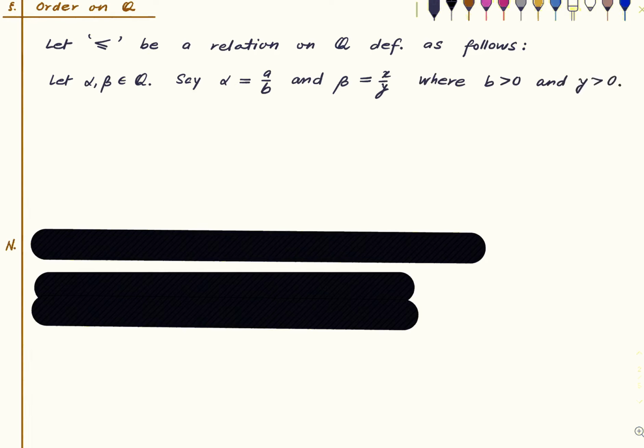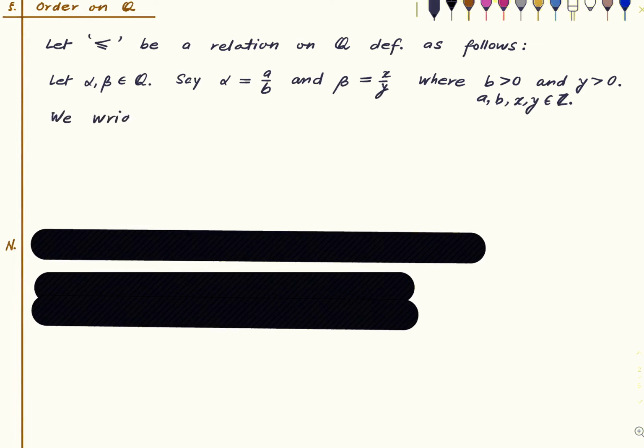As we just recalled, one can always express any rational number in this fashion, meaning where the denominator is positive. And of course, A, B, X, Y are integers.